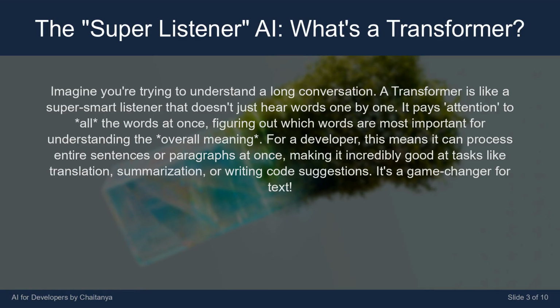It pays attention to all the words at once, figuring out which words are most important for understanding the overall meaning. For a developer, this means it can process entire sentences or paragraphs at once, making it incredibly good at tasks like translation, summarization, or writing code suggestions. It's a game changer for text.